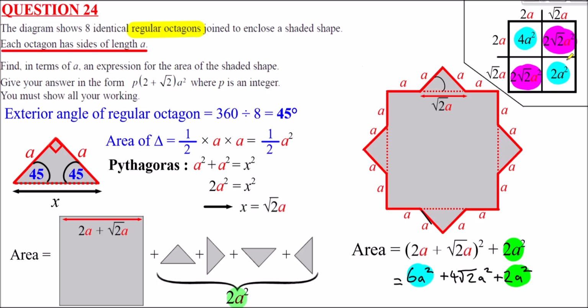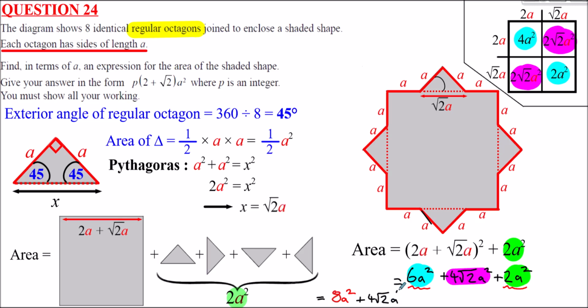And of course, 2 root 2a squared twice gives this. So now if I have a look at just the normal a squareds, I've got here 6 plus 2, which of course is 8a squared. And then the 4 root 2a squared is just this bit here, so I've only got an extra 4 root 2a squared.